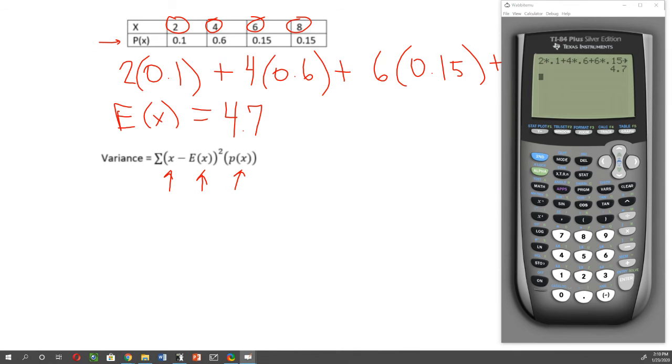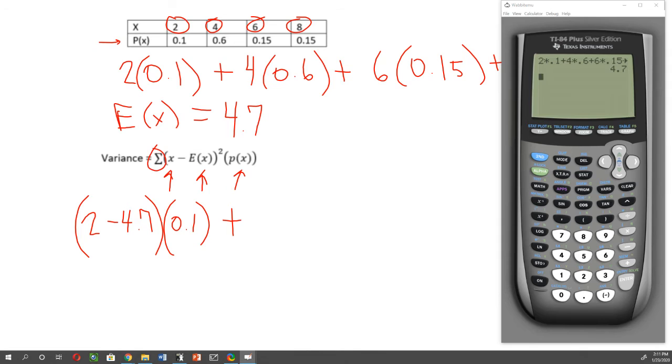So how does that look? We're going to do 2 minus the expected value, which is 4.7, squared, and we're going to multiply it by the probability of 2, so 0.1.